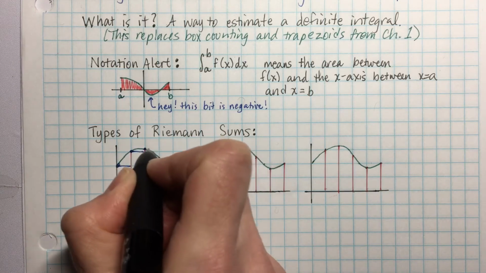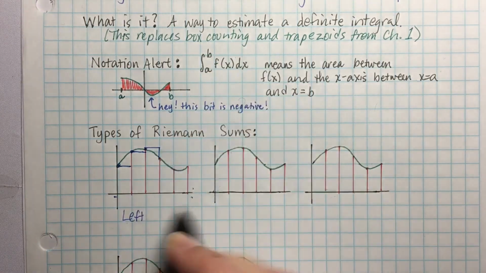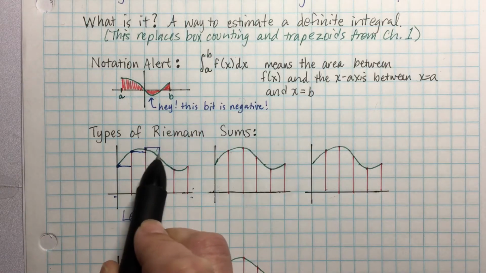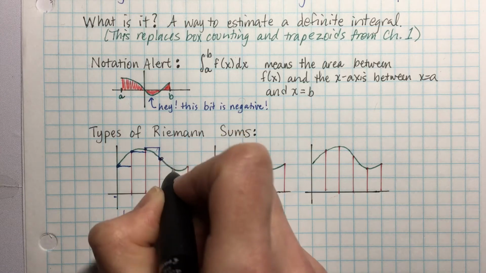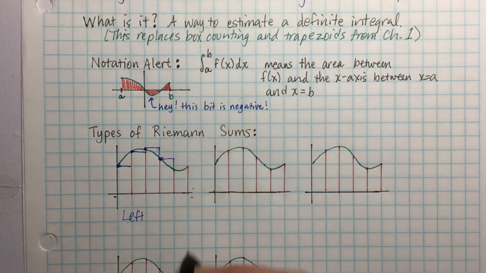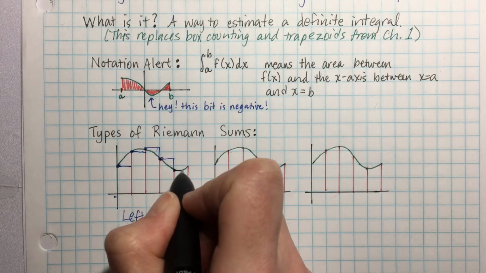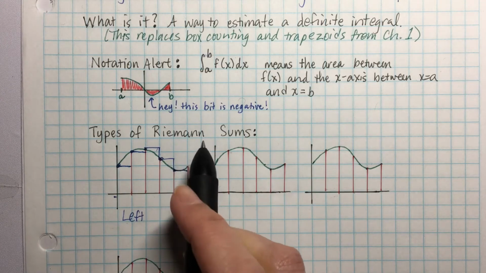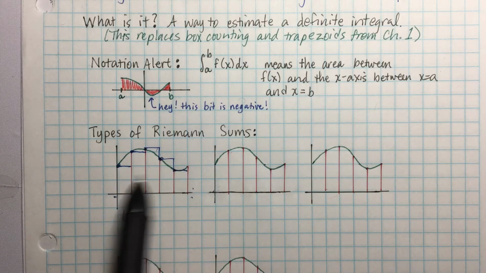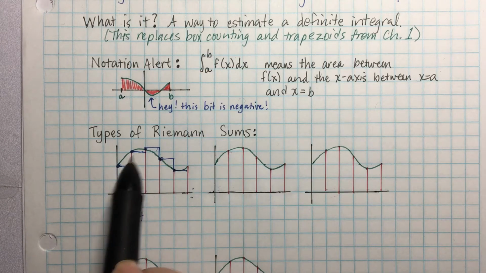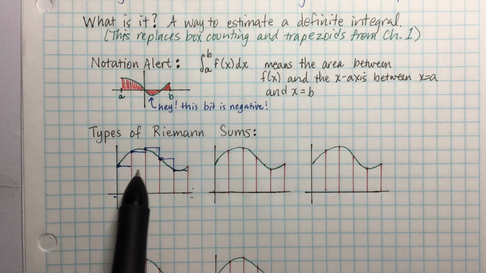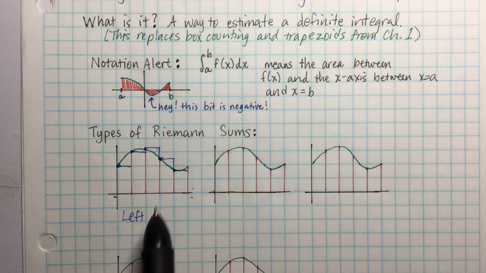Oh, but wait, I have extras now. I have this extra bit added in, and more extra bit when I start on that left. And then, oh, a little got cut off. But if I have really skinny strips, those errors, those bits included or excluded, it kind of balances.